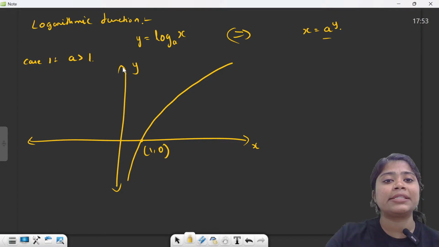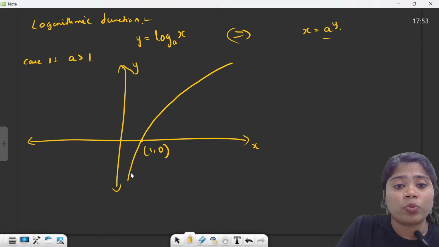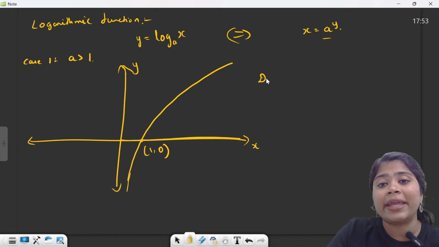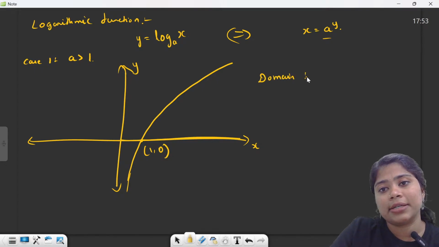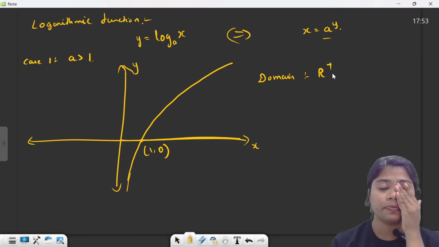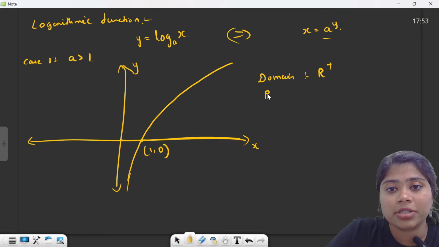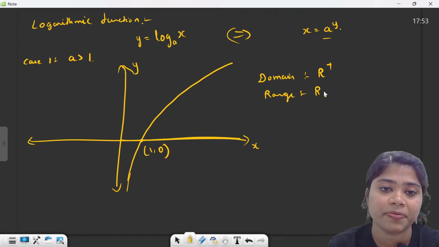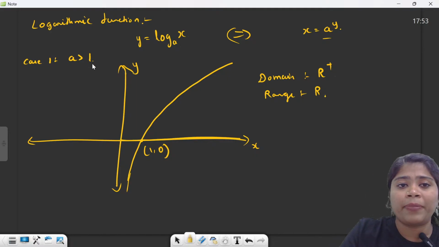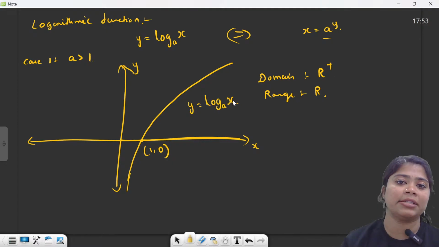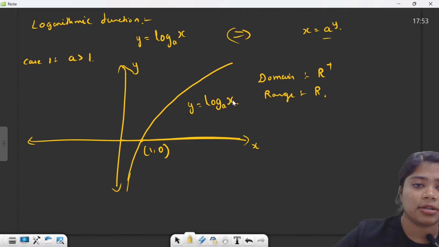You can clearly see that the function takes values only from the positive x-axis. So the domain is positive real values except 0. What is the range? The range will be all real values. Try to understand this. This is for base a greater than 1, so y is equal to log base a x. This you get. Next, case 2.